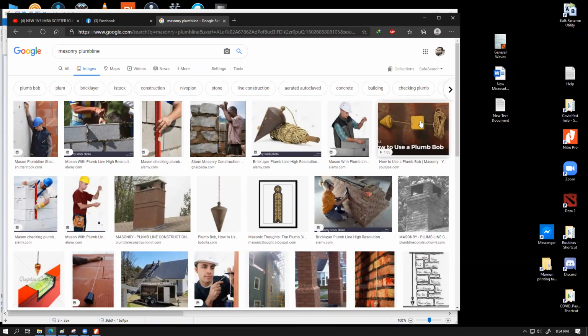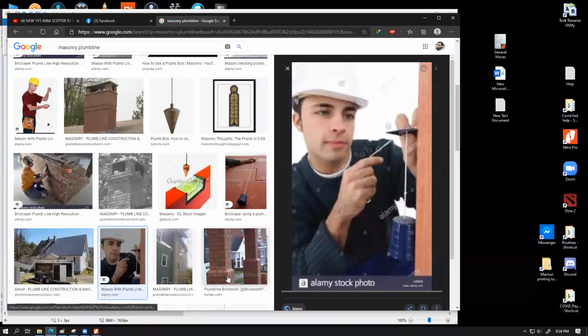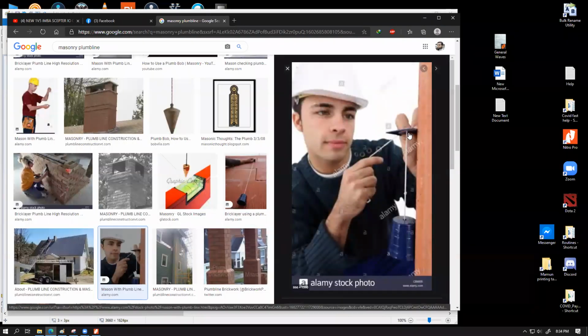What is important for this thing to work is that the diameter of this cone is exactly equal to the width of this block. For example, in this case, you can see this person is holding this thing over here. So this is basically a plumb line, but the distance from the string to the card border is exactly equal to the width of this thing.